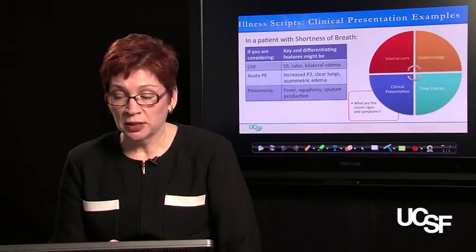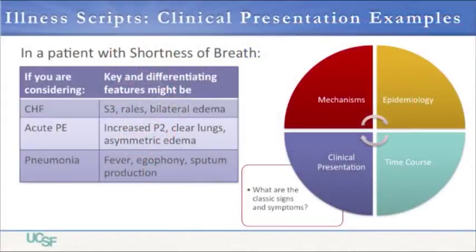So in a patient with shortness of breath, if the disease illness script you're considering is heart failure, some key or differentiating features might be things like an S3, and let's compare that to pneumonia and pulmonary embolus. An S3 will be present in congestive heart failure, but not in pulmonary embolus or pneumonia. So that would be considered to be a key feature.